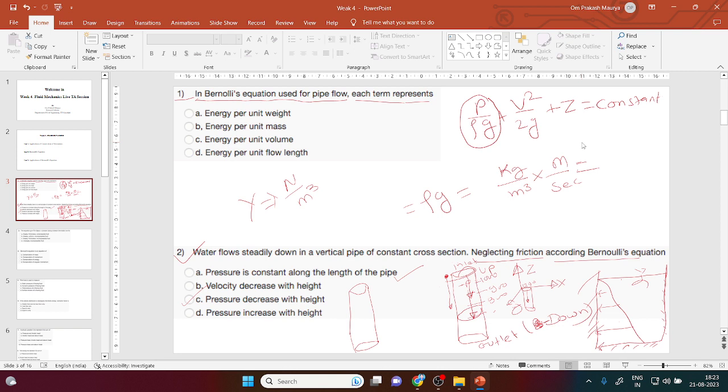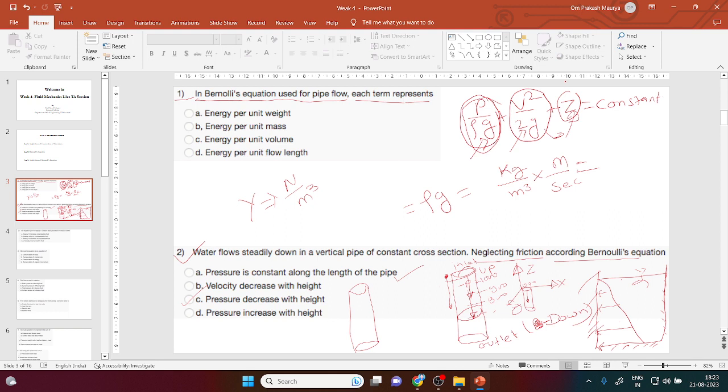Here, all the terms in the equation: this z is the datum head, this is the velocity head, our kinematic head, and this is the pressure head. Basically, all these terms represent energy. The pressure head is what I am discussing here, pressure in the upstream and downstream, which is one type of energy.